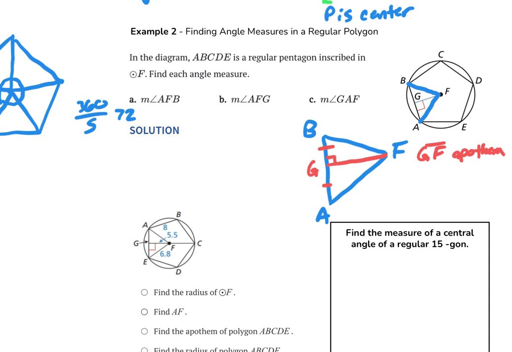GF is going to split this angle in half. Just a second ago, we said that this whole angle was 72. So what that tells me is this is 36, and this is 36. 72 divided by 2. So angle AFG is 36 degrees. Just got to pay attention to the path of the letters. It's 72 cut in half.